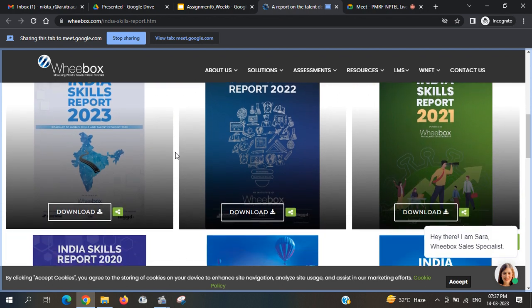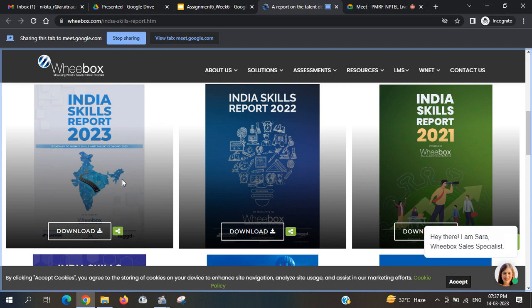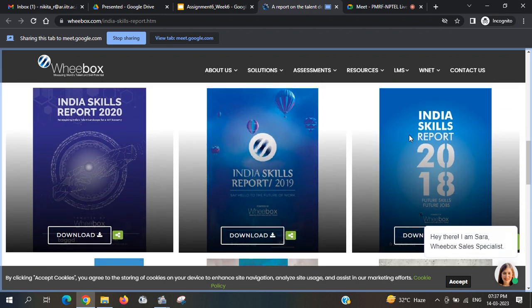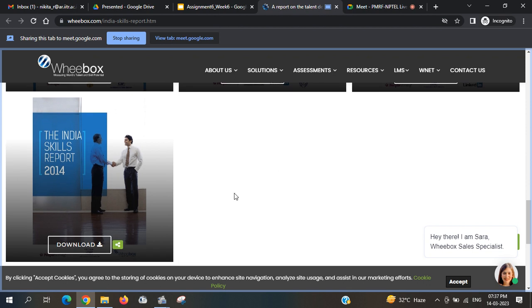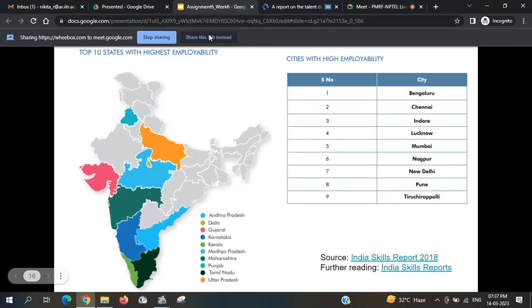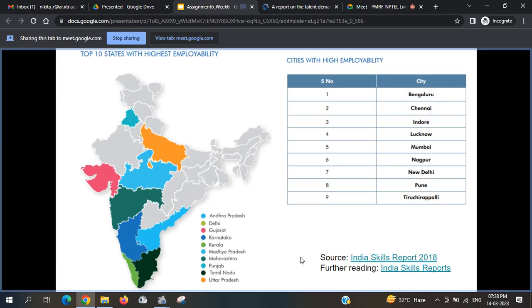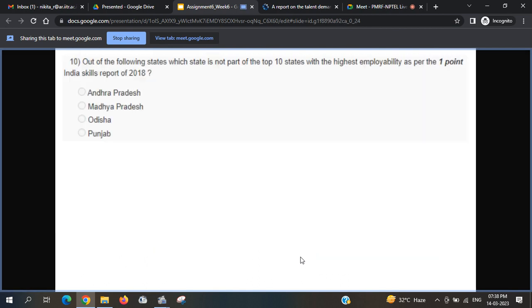So you can see here you can find the skill reports for 2023, 2022, 2023 one being the latest, then for 21, 2020, all the way back to 2014. So if you want to see how the skill sets or skills and employabilities have changed in India over time, you can go and see several other reports as well. I hope this question is clear.